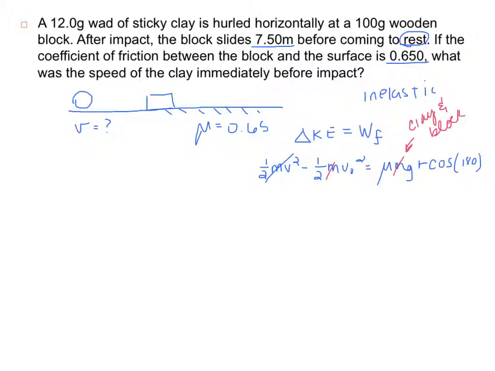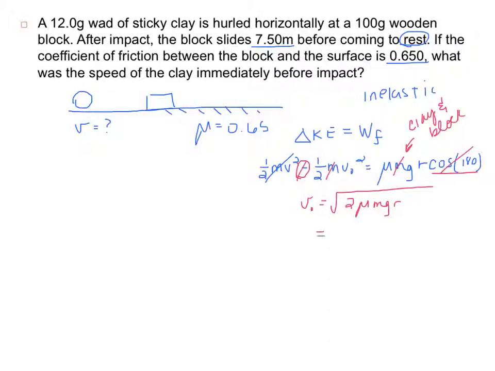Again, our goal is to find our velocity. So this is the square root of 2 mu g r. Now, I can include this cosine of 180, but that will just cancel out the negative sign I had to begin with.